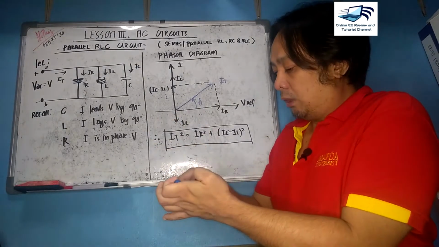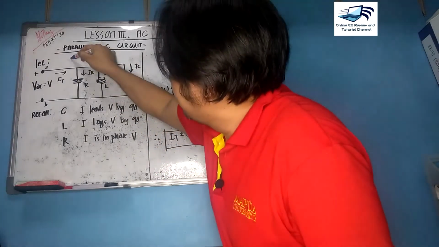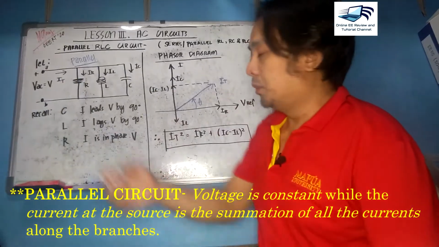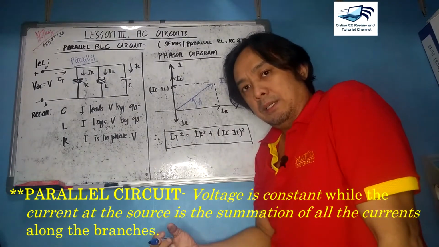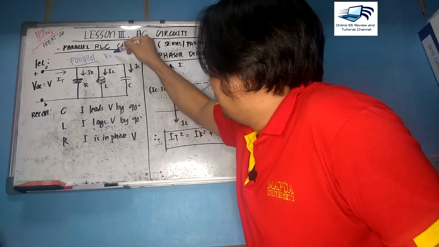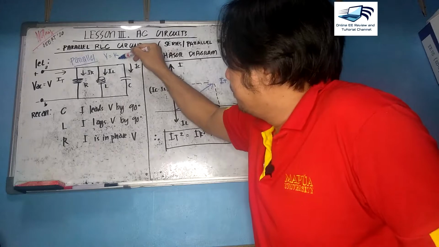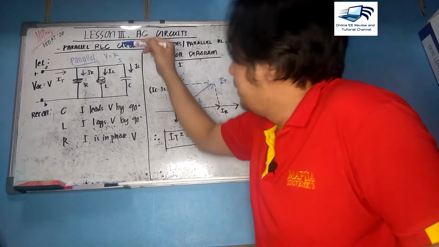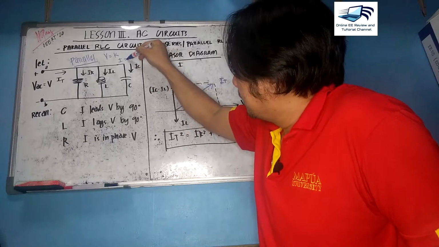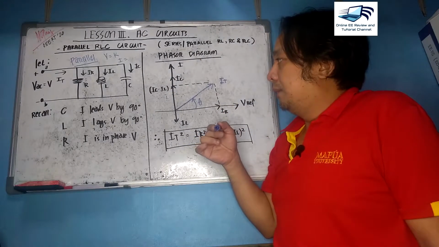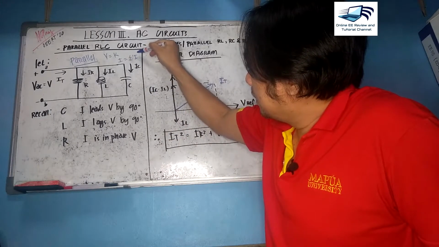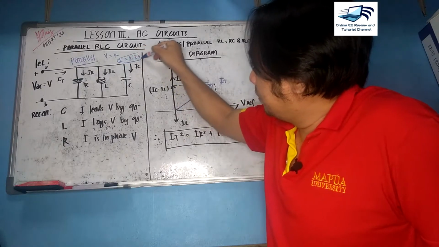Okay, let us recall the parallel circuit during your DC circuits. This is the same way. One characteristic is the voltage is constant all throughout, and the total current will be dependent on the summation of all of the currents of the individual components.